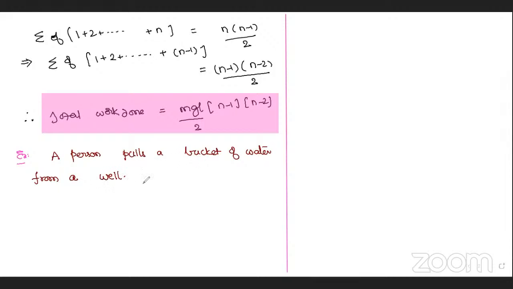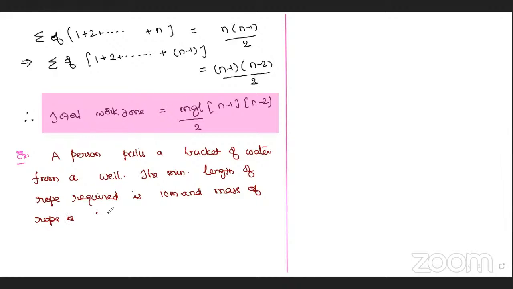For this procedure, the minimum length of rope required is say 10 meters, and the mass of rope is say 0.5 kg per meter. For every meter, the mass is 0.5 kg.